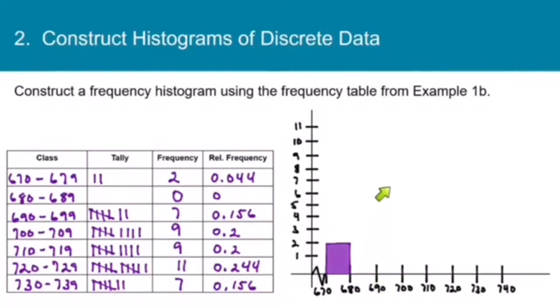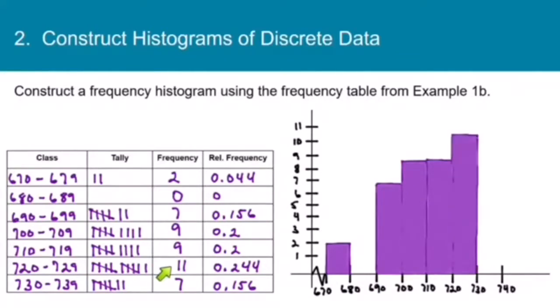It will go here and it will be about this tall. And then we have the next class is 9 units tall, so it'll be this tall, and then another 9, then 11, then 7. And so now you see why, even though I don't have a class that starts with 740, it does sort of serve as the end of our last class.